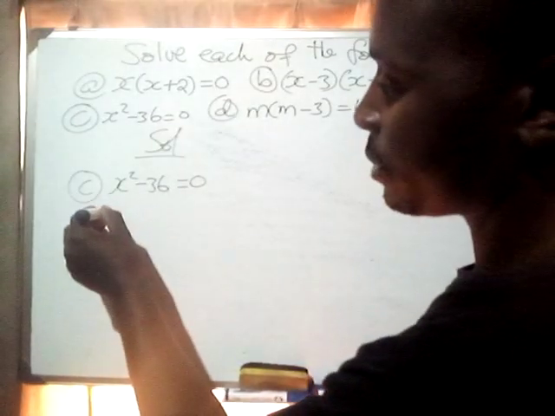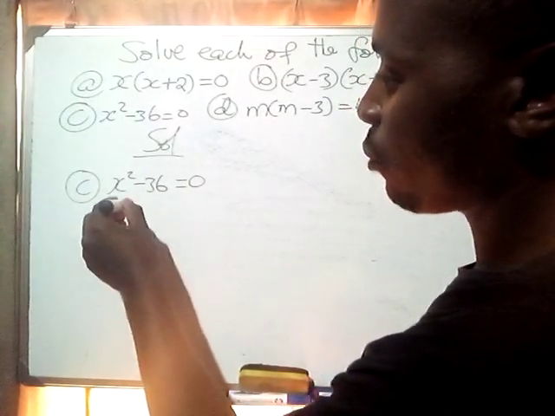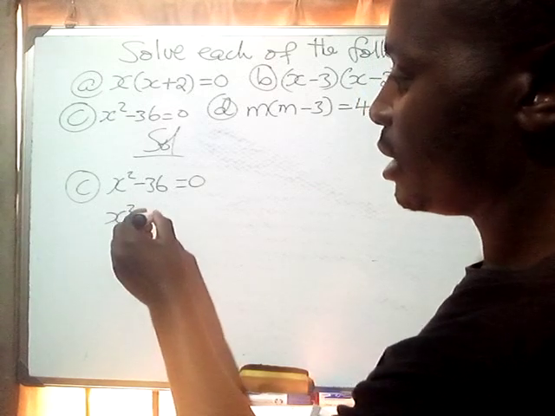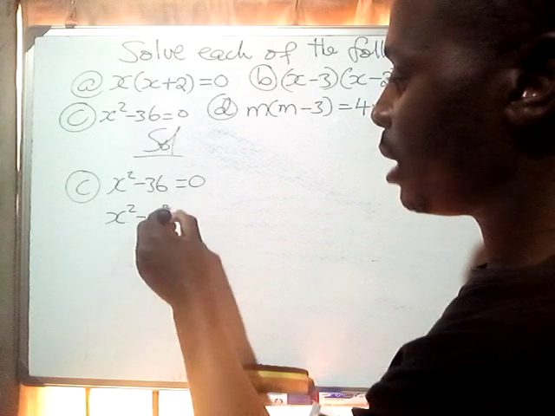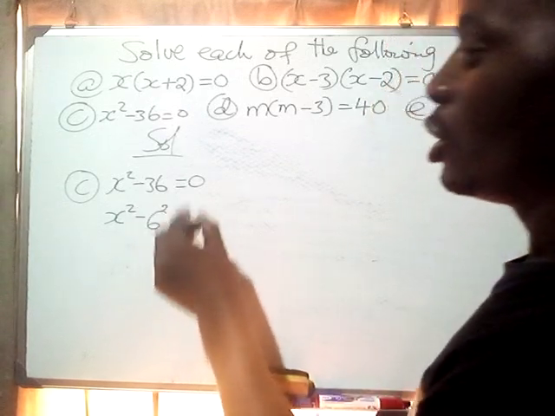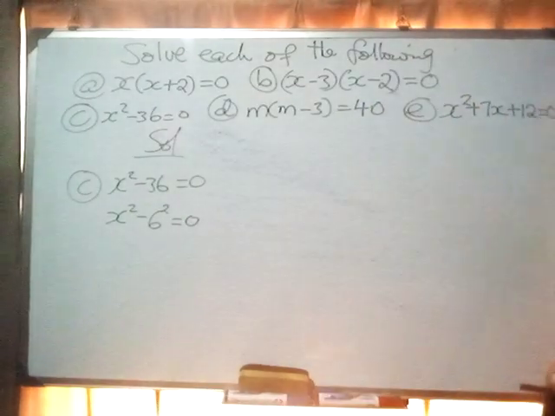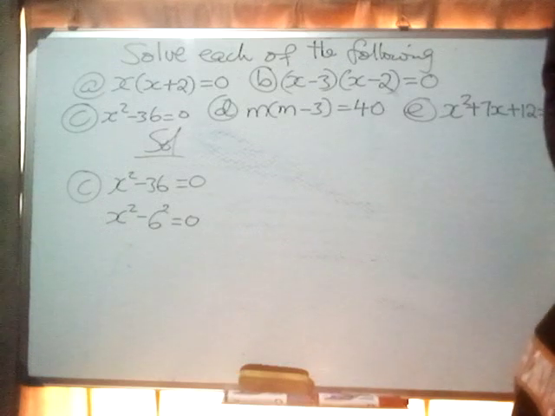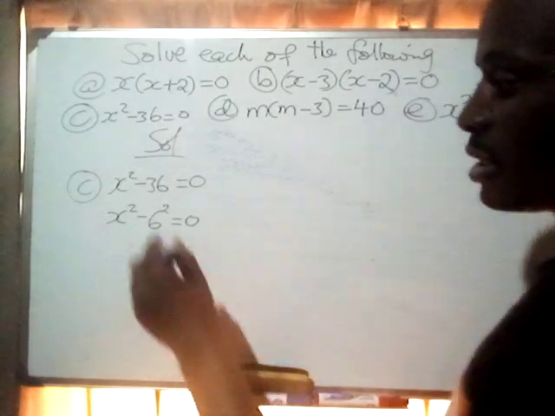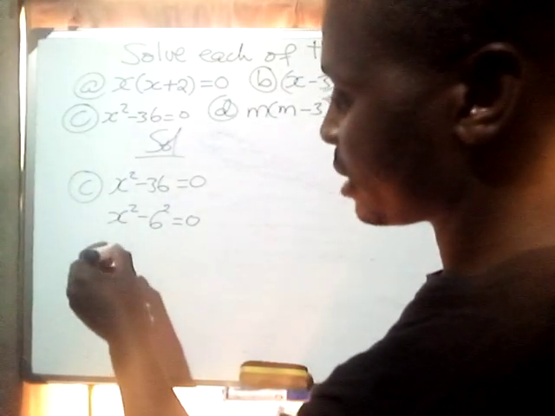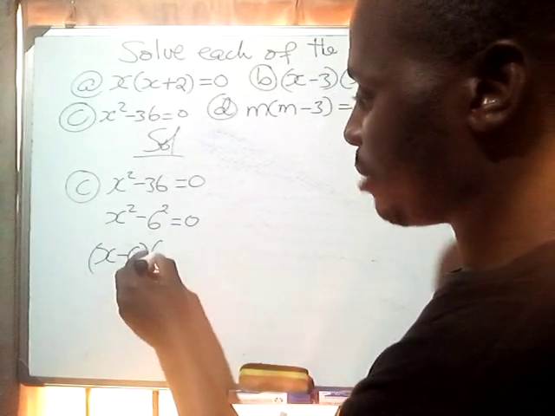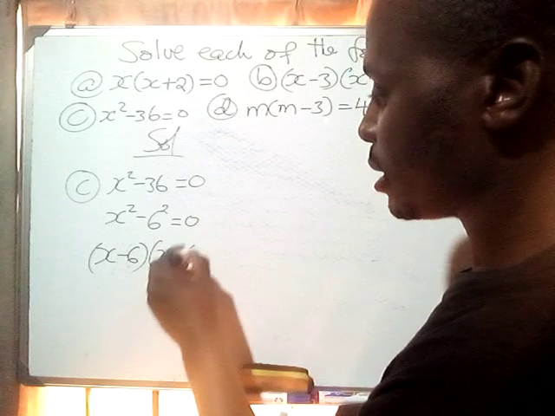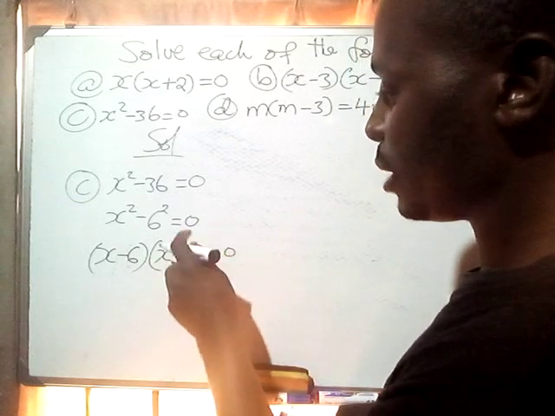Remember, we looked at the difference of two squares under the topic of algebra in grade 10. 36 is the same as 6 squared, because 6 squared is 36. So this can be written as (x - 6)(x + 6) = 0.